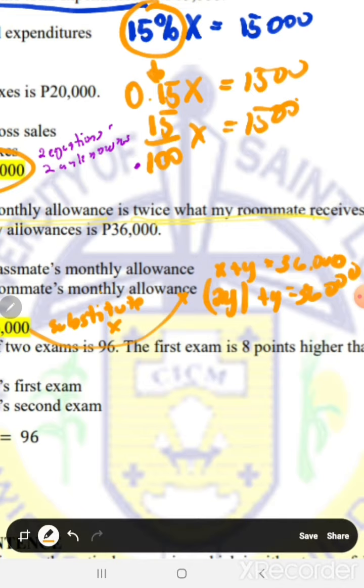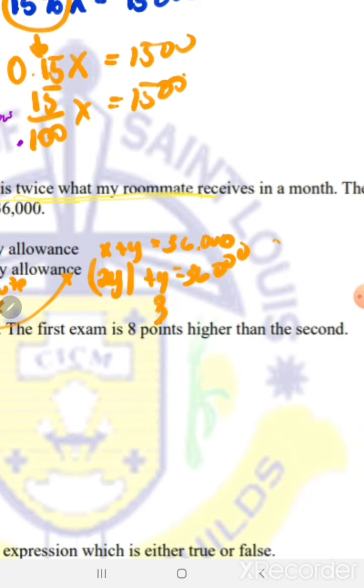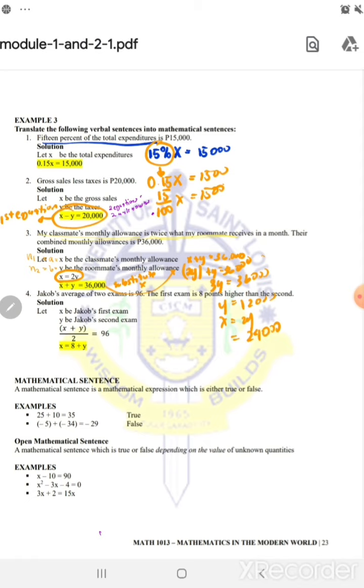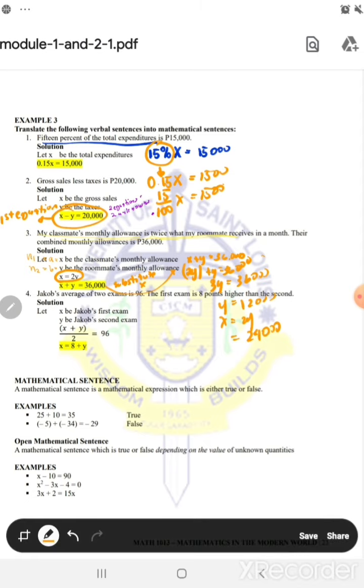Wherein 2Y plus Y is equal to 3Y. So you will have 3Y equal to 36,000, or your Y is equal to 12,000, and your X is equal to 2Y, which is equal to 24,000. This is the value of your X and Y when you are asked to solve for them. So this is solvable.